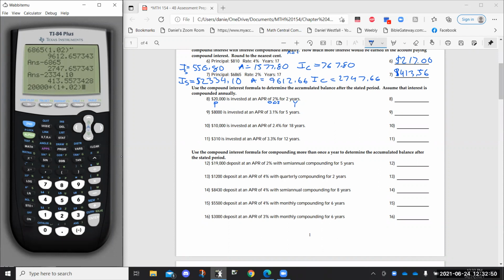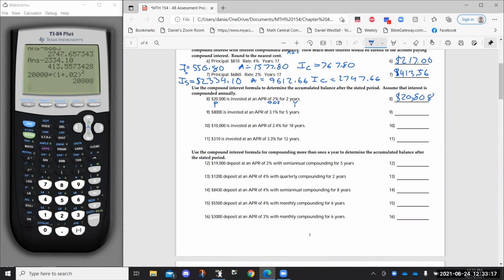It is, yep, to the n t, so 1 times 2, that's 2. There we go. Got 2 compounding periods here. And this should be a total of $20,808 when we're done.